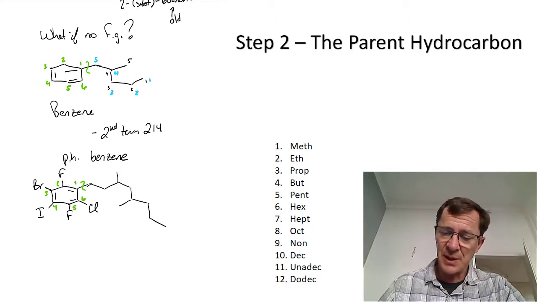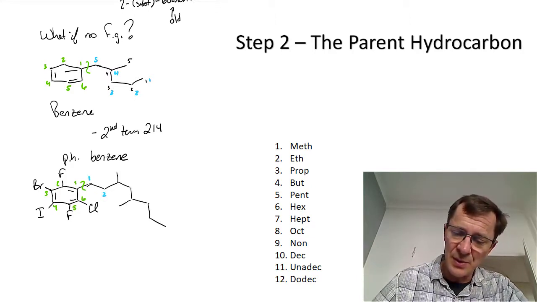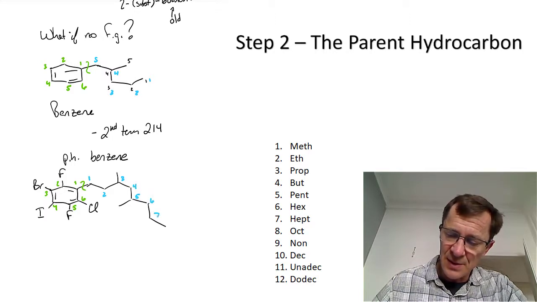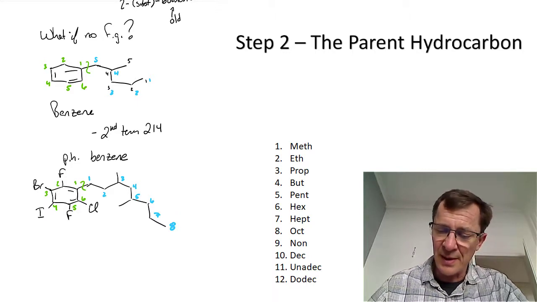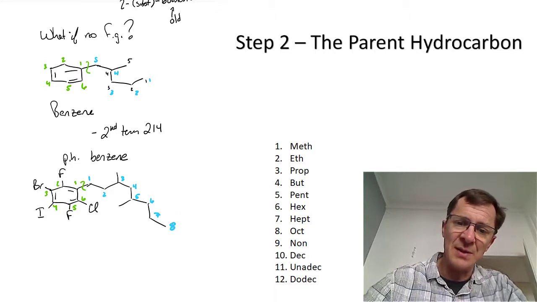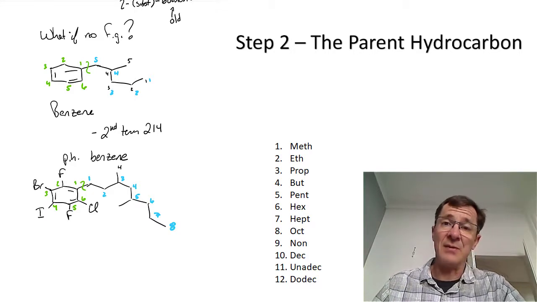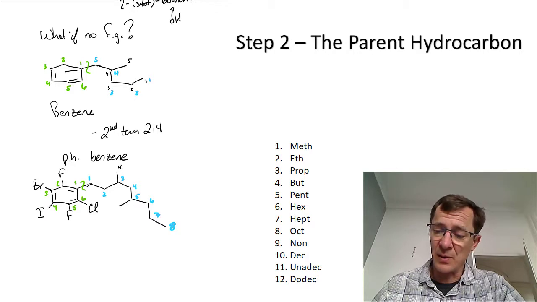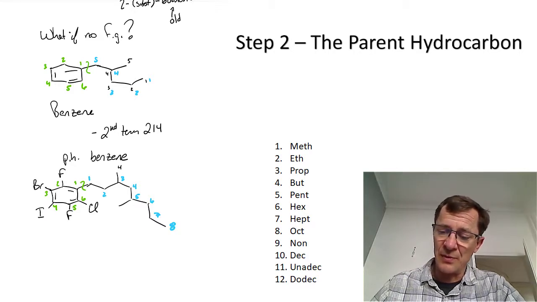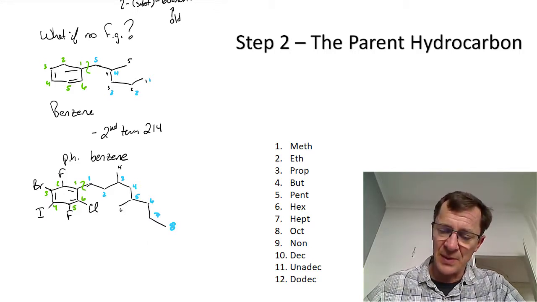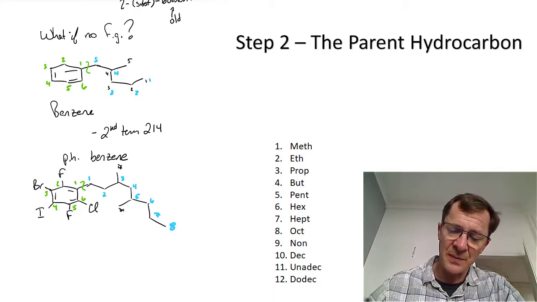Other possible chains here would be 1, 2, 3, 4, 5, 6, 7, 8. I just instinctively took the longest one I could there. We could have done some silly things like called that carbon 4, but obviously that adds up to 4, or 2, 3, 4, 5, 6, 7, or 1, 2, 3, 4, 5, all of which are silly answers. Same thing with this potentially being 6.